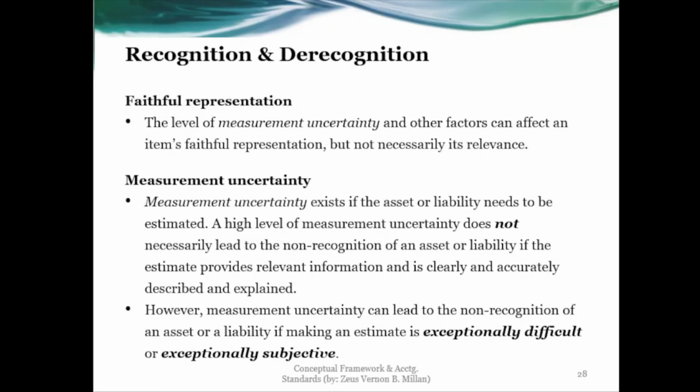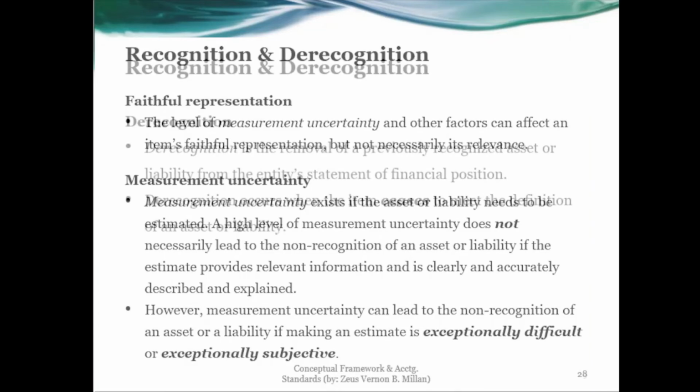A high level of measurement uncertainty does not necessarily lead to the non-recognition of an asset or liability if the estimate provides relevant information and is clearly and accurately described and explained. However, measurement uncertainty can lead to the non-recognition of an asset or liability if making an estimate is exceptionally difficult or exceptionally subjective. So you'll be talking about estimates in your intermediate accounting, which you will encounter.